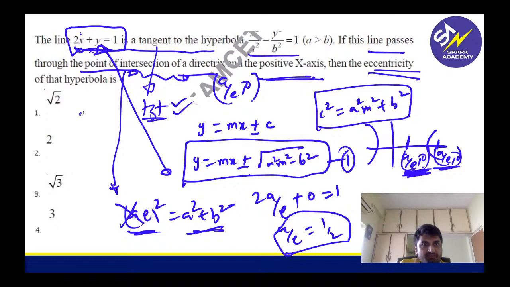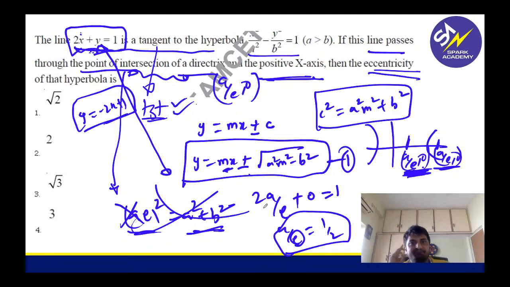So this is like y equals minus 2x plus 1. So you can compare this, you will get the m value, you will get the a and b relation. E, again the formula, just substitute, you can find out, easy. Okay, so ignore this. So just these two I am taking.